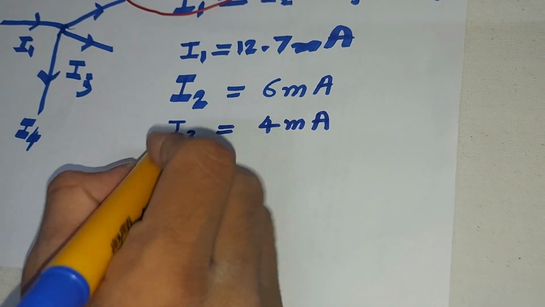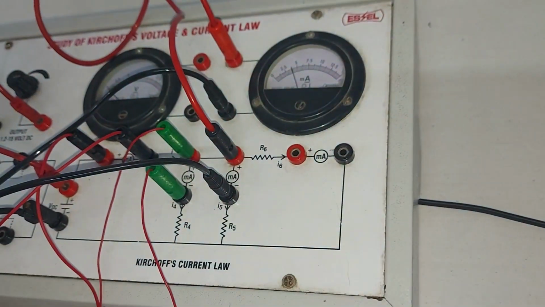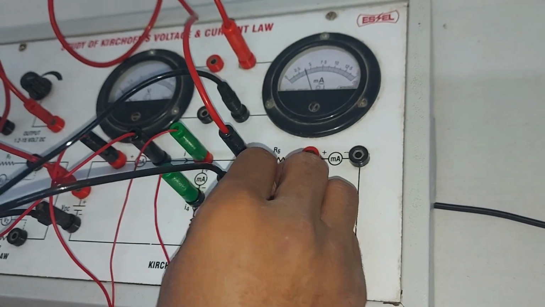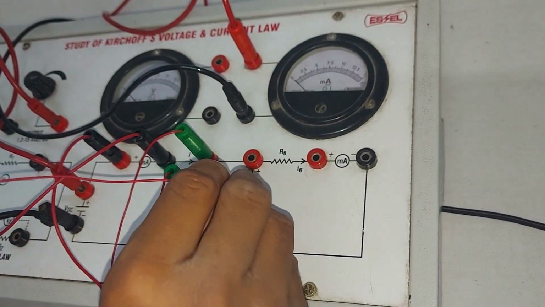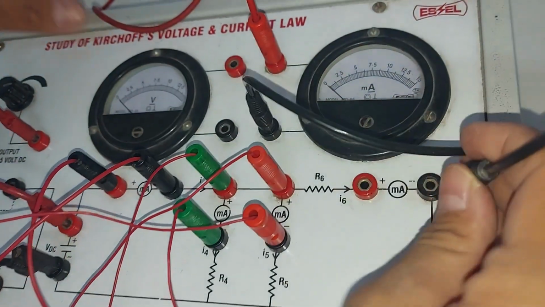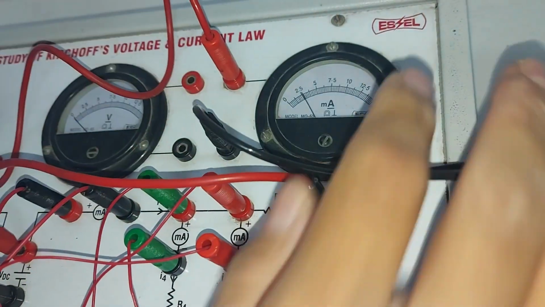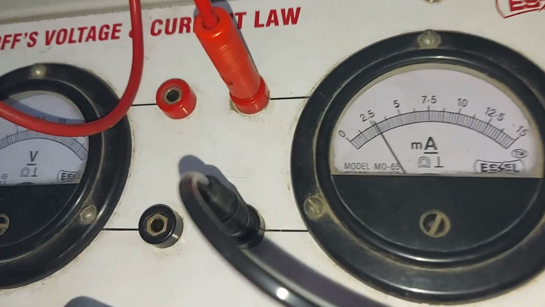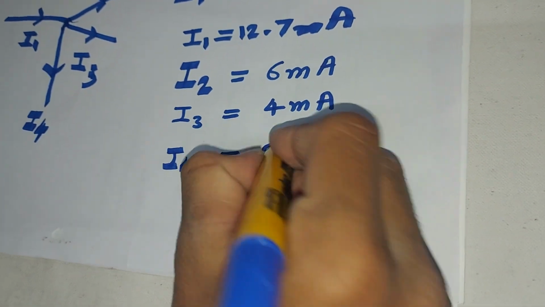And now we have to measure I4. For measuring I4, I will remove this part from here, fill this gap again and reconnect it over here. Now you can see that I4 is approximately 2.5 milliampere.